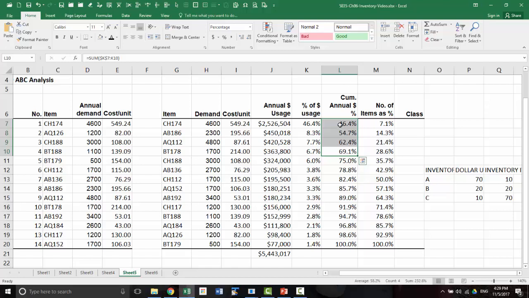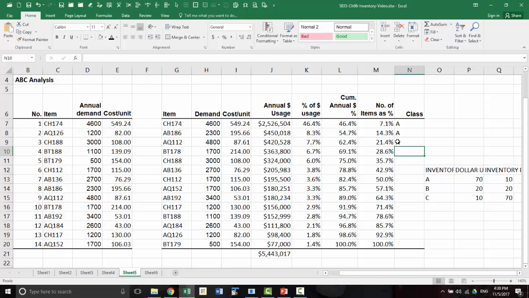To compromise, we can look at the dollar usage and the difference. We know that that is A and that is A for sure. Now the question is, is this A as well, or should that be B?